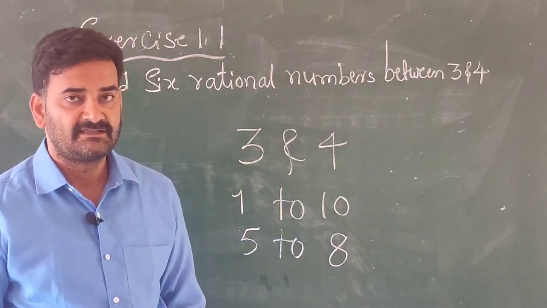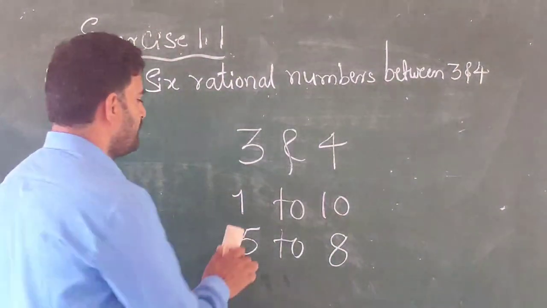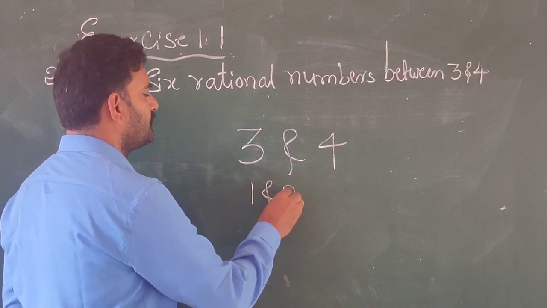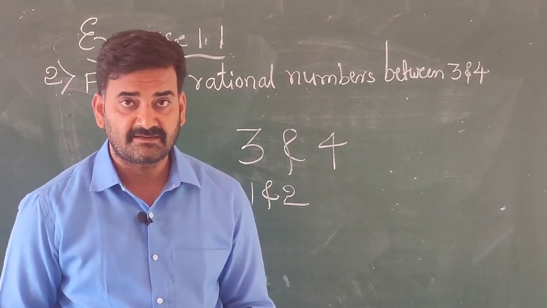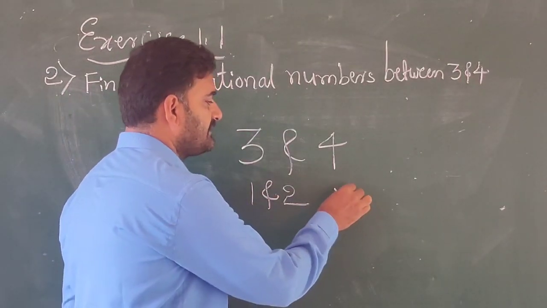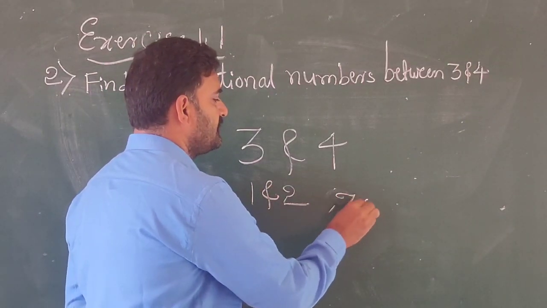You are thinking that. Let us say between 1 and 2, how many rational numbers are there? Maybe your answer is, sir, nothing, no rational number. You are saying 0.